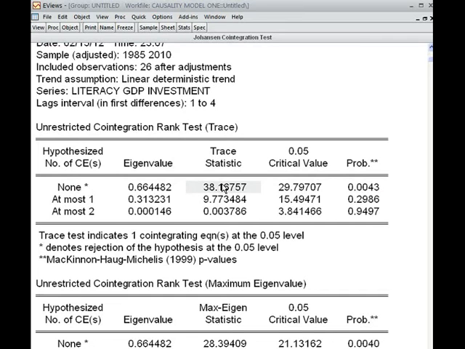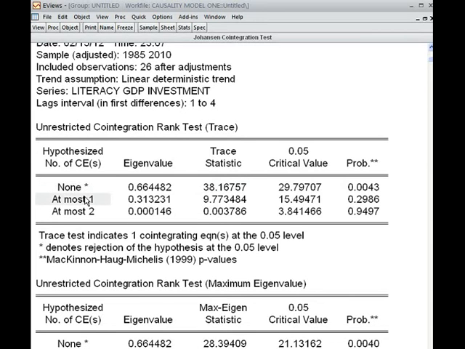And here 38.16 is bigger than 29.79. So we can reject null hypothesis, which is this one.